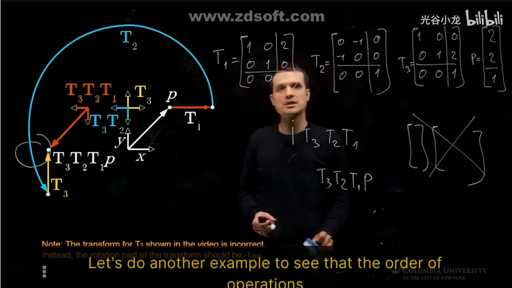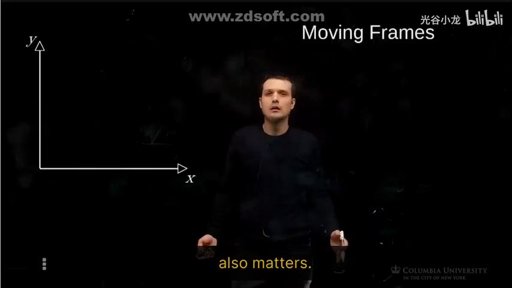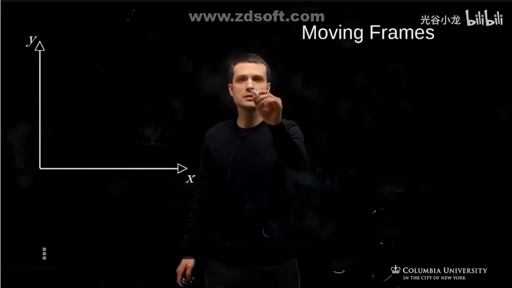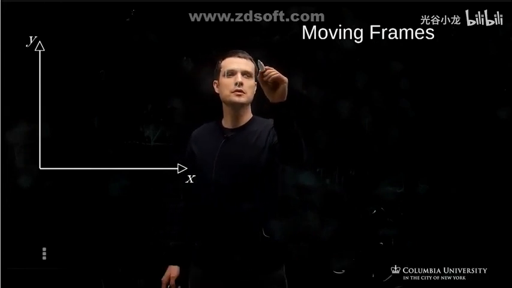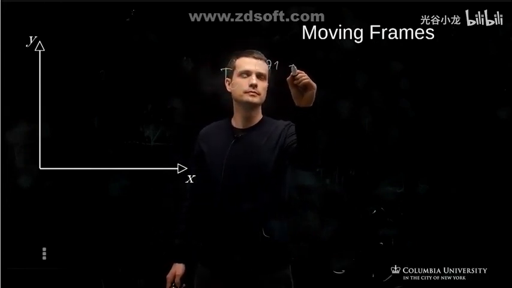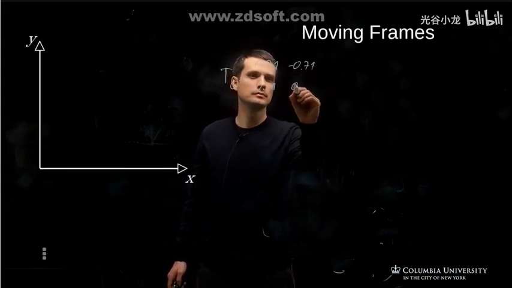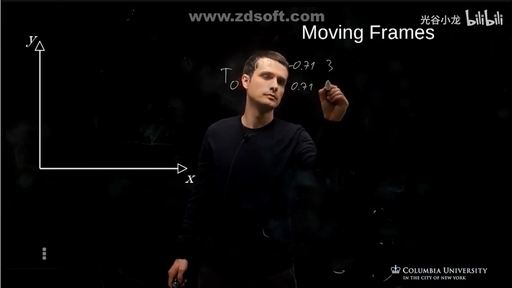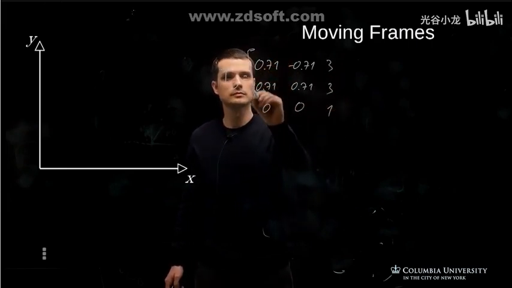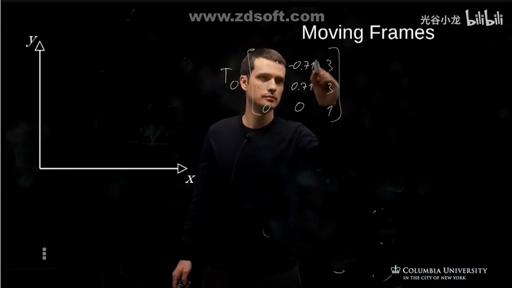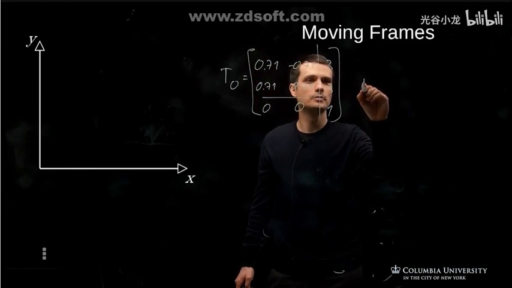Let's do another example to see that the order of operations also matters. Let's say we have two transform matrices. This is T0. Okay, and this is T1.